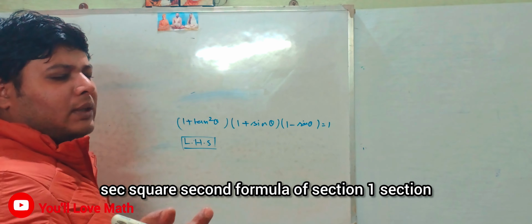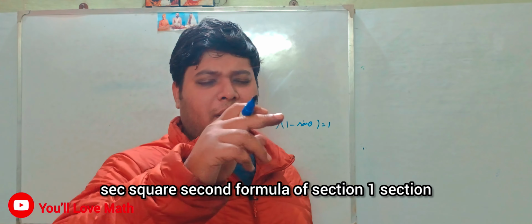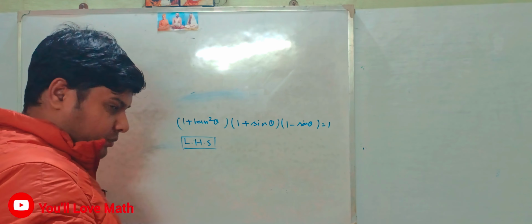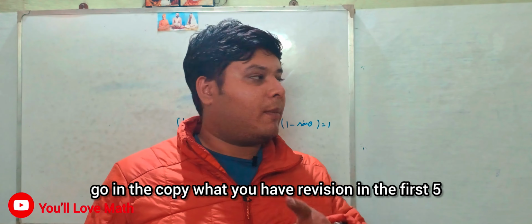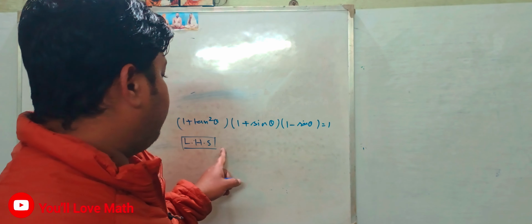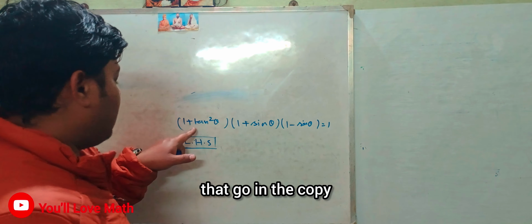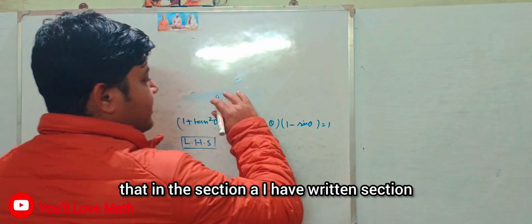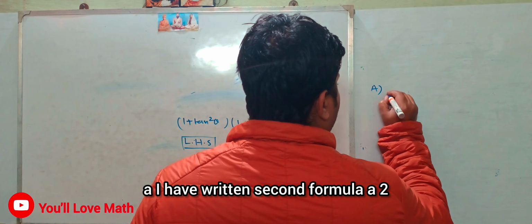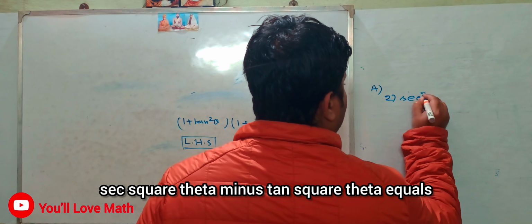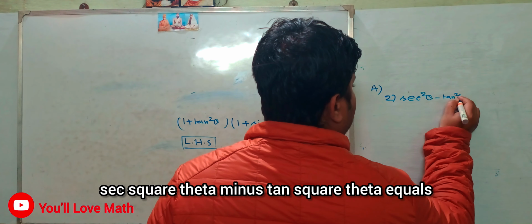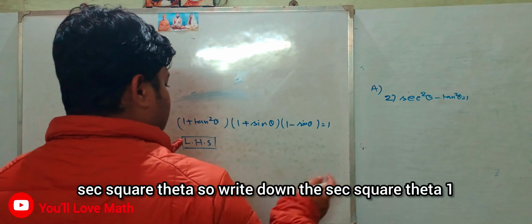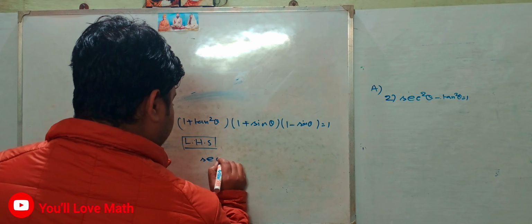You know, in the first 5 to 10 minutes of my class you have revision, so go in the copy and check the revision. In section A, I have written the second formula: sec square theta minus tan square theta equals 1. So tan square theta plus 1 will be sec square theta. So write down sec square theta.